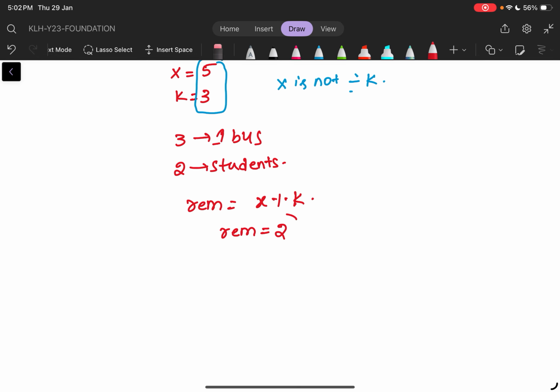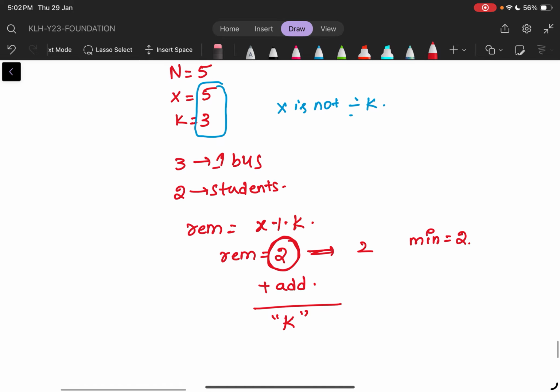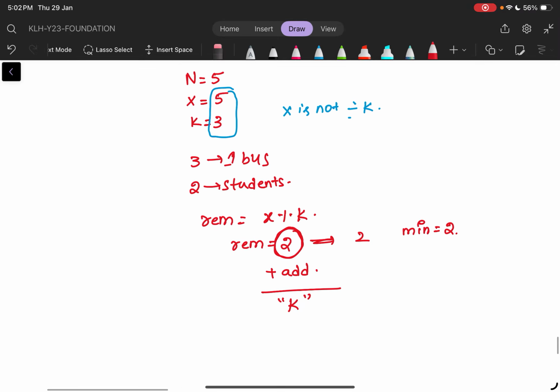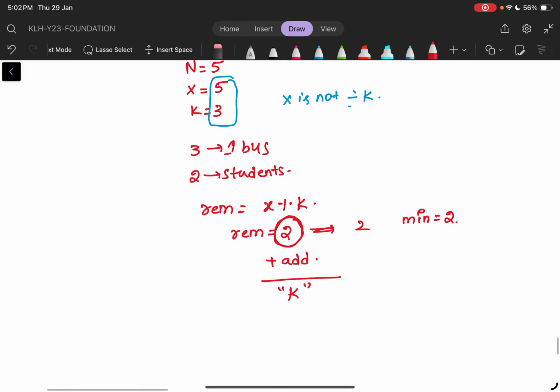Here we have two options. Either we can convince these 2 students not to go to the trip, then the minimum will be 2. Or we can add some number of students to achieve the bus capacity. How can we find out how many students we can add?